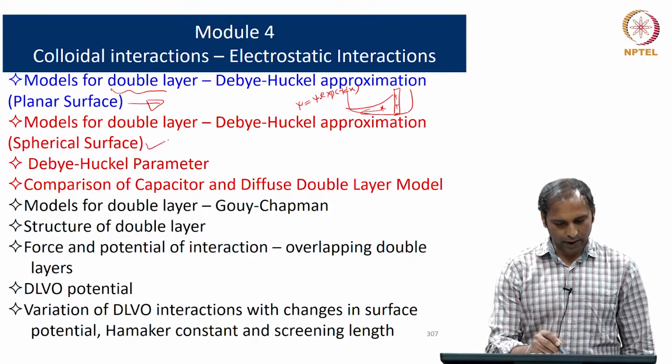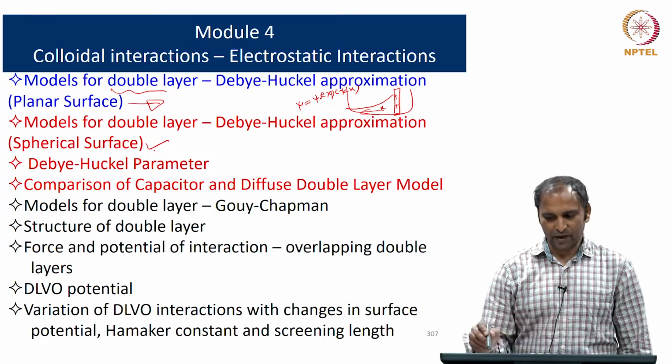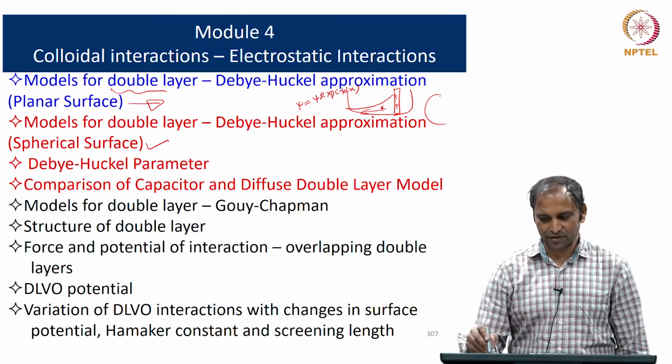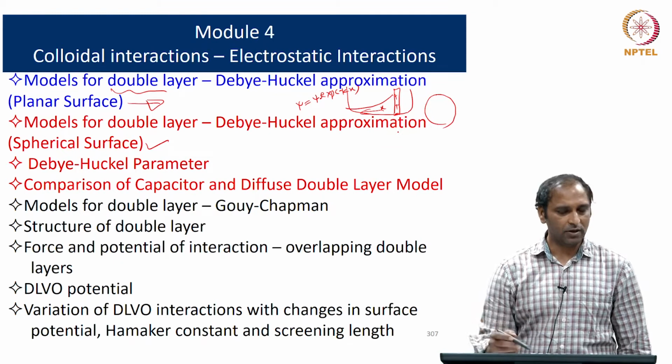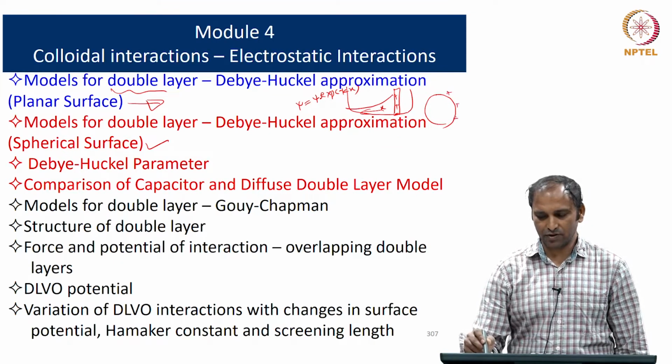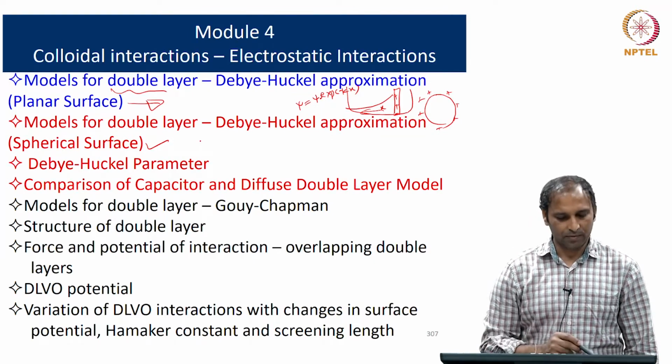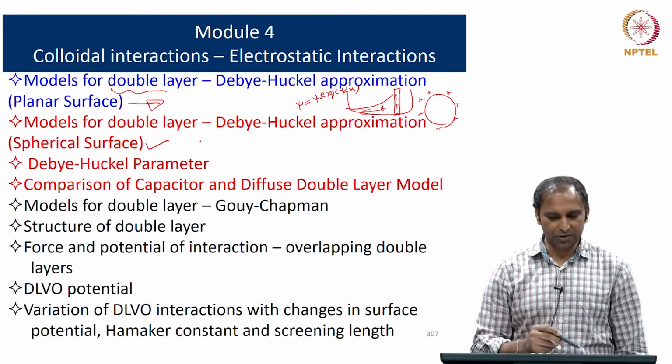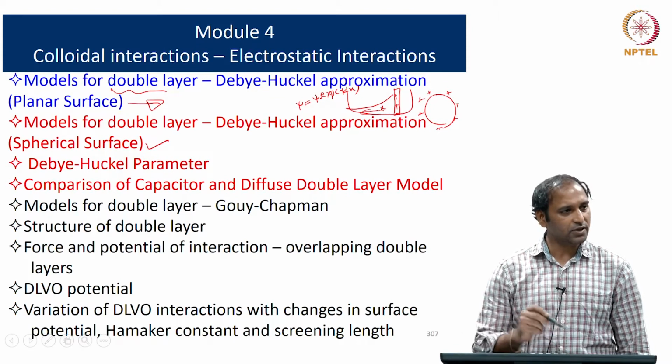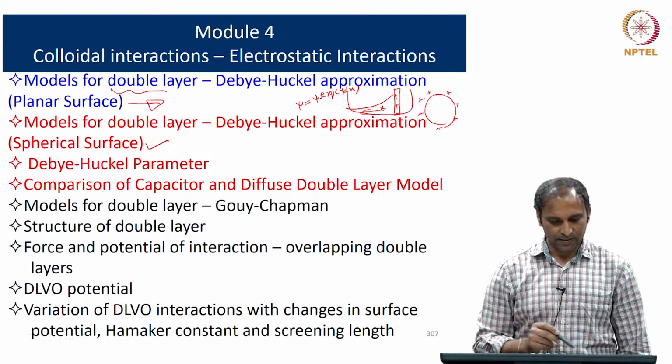So, what we are going to look at today is a case where instead of a planar surface I have a curved surface. If I have a spherical particle, for example, and if that is charged, we will think a little bit about how to derive an expression for how the potential falls with distance from the spherical surface.